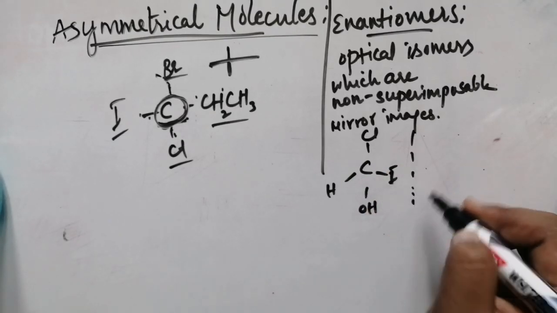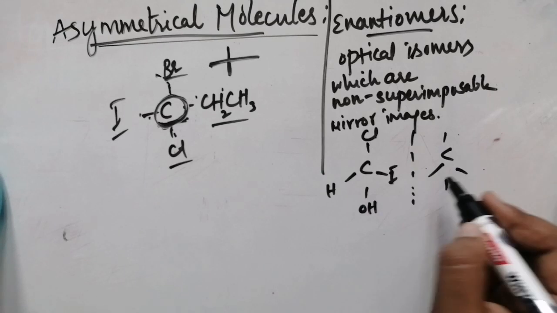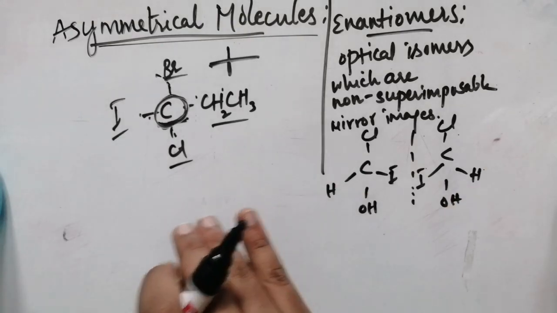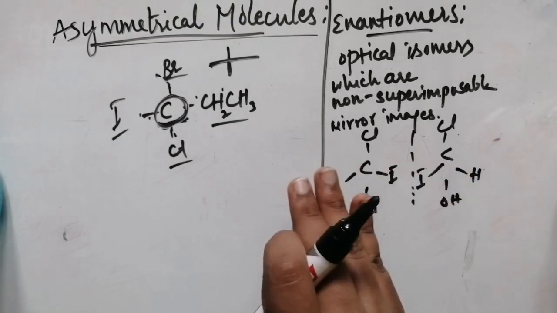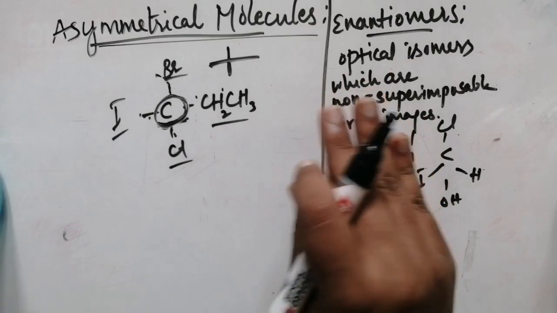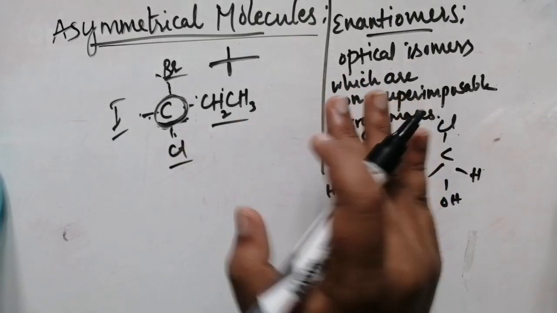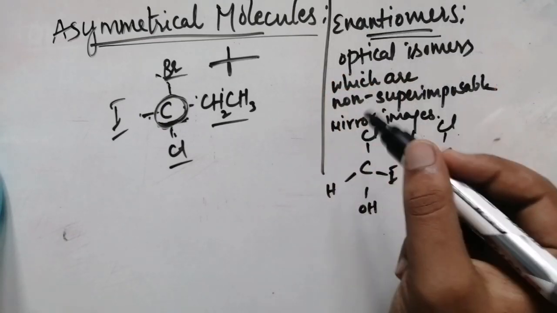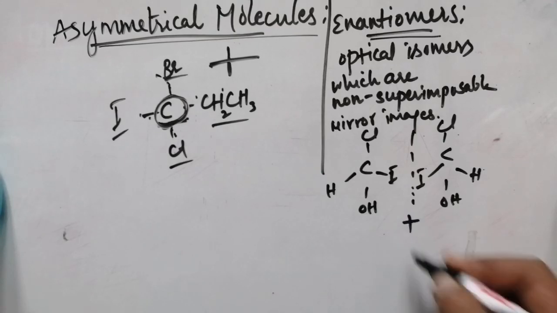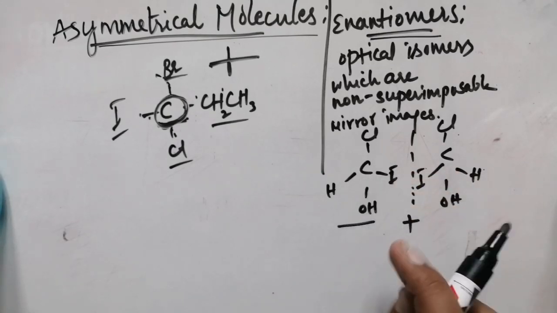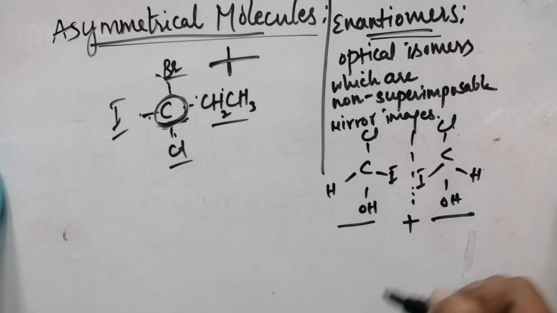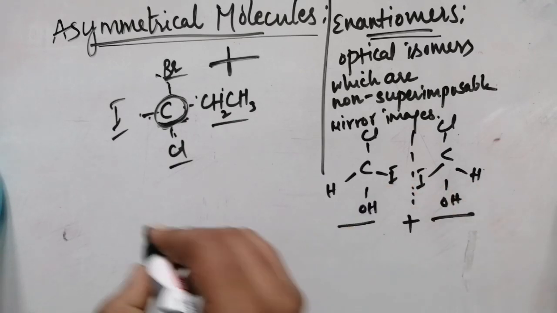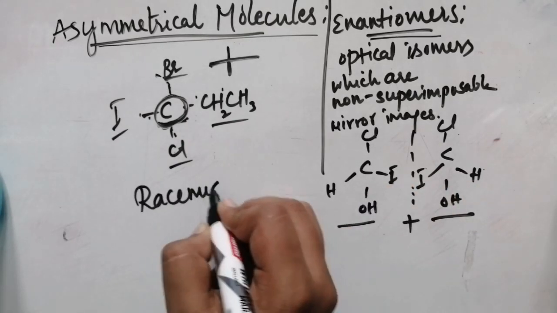The mirror image will be like this: I, H, OH, Cl. But they are non-superimposable. If I take this and superimpose it, they will not superimpose. That itself is enantiomers. Then next is a mixture of these two. I have one molecule and a second molecule. A mixture of both enantiomers is called a racemic mixture.